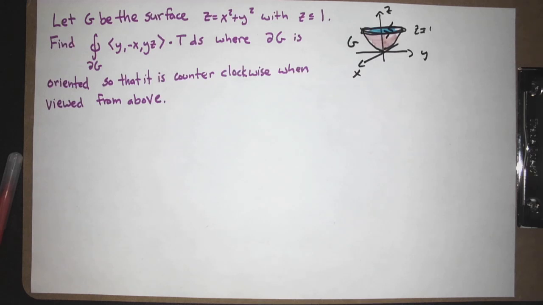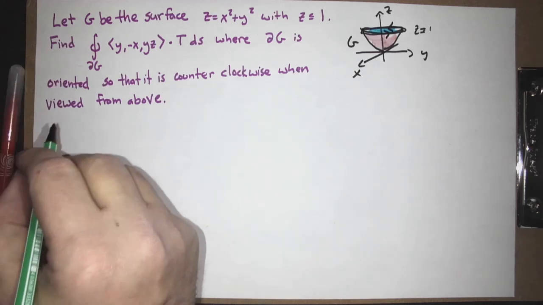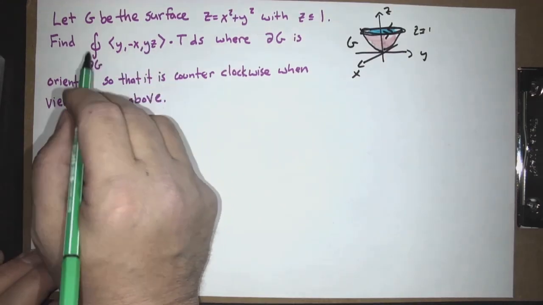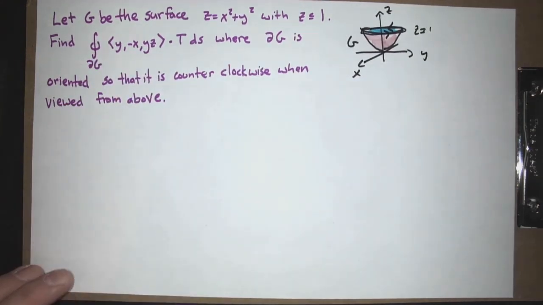Okay, so we're going to compute this, and we'll do it in 3 ways. Hopefully we get the same answer all 3 times. Let's just straightforwardly compute it. What do we have here? It's a line integral.